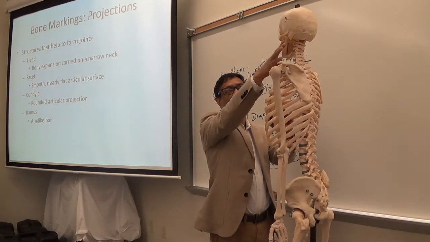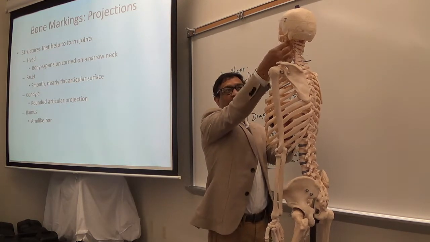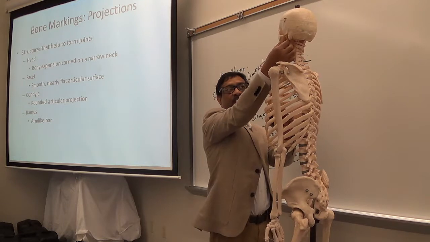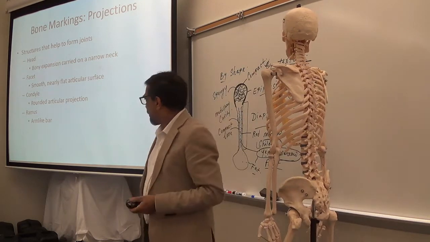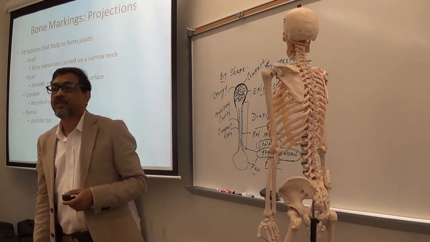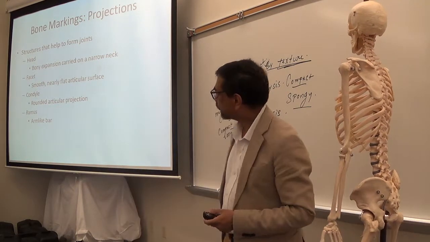This is the ramus of the mandible. You have already seen it in the lab, and this part sticks out from the ramus and forms the temporomandibular joint. So, those are the structures that help to form the joints.